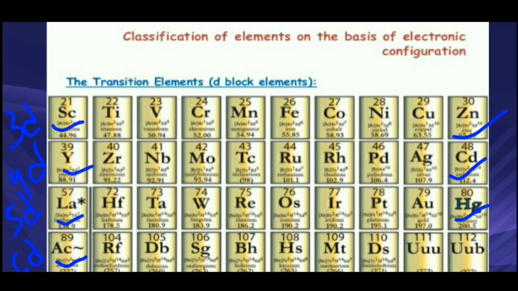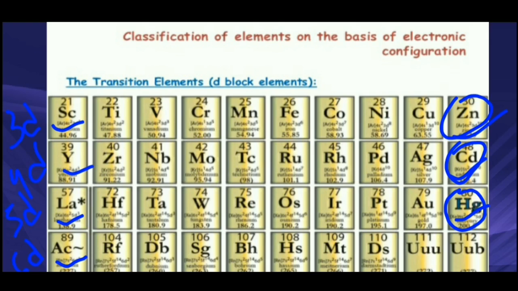So these d block elements are called transition elements because their properties lie between metals and non-metals. In this d block, zinc, cadmium and mercury do not show the properties of d block elements, because most of the properties of d block elements depend on the unpaired electrons present in the d orbital.